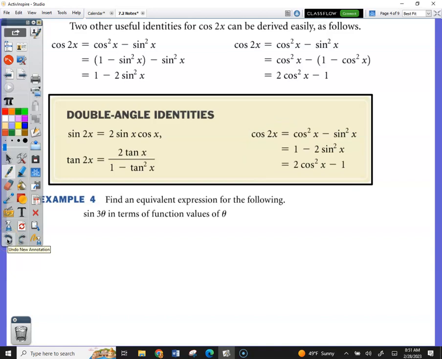So for instance, this was what we found the cosine double angle formula to be, right? Well, because of that cosine squared and that sine squared, we can actually play around with this and create more double angle formulas, because one's not enough. If you will look at your yellow formula sheet, go to the Pythagorean identities.